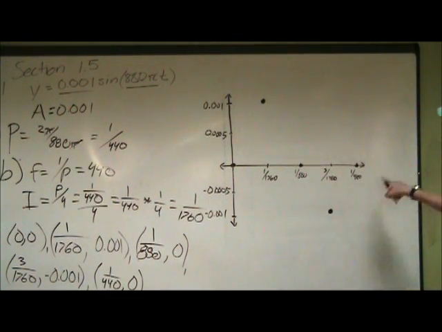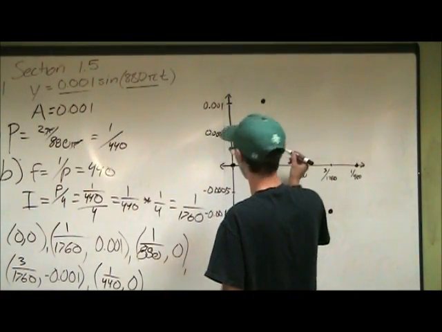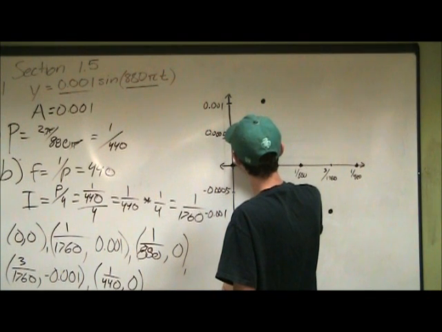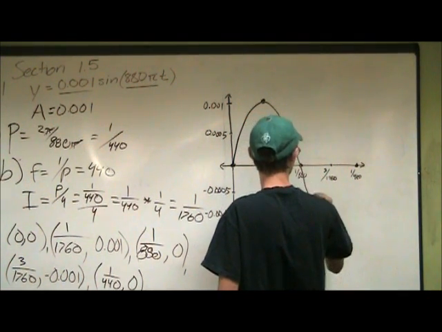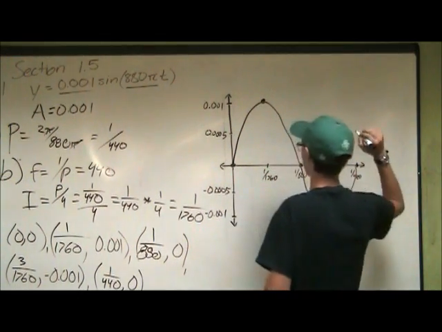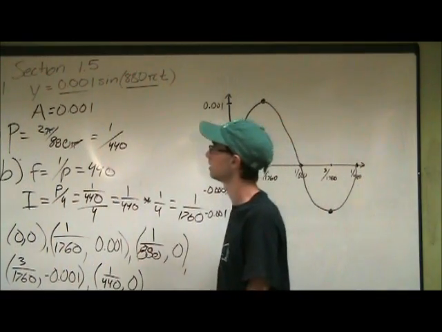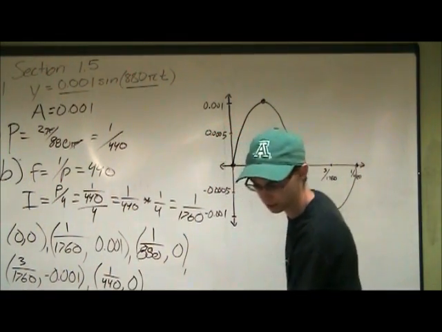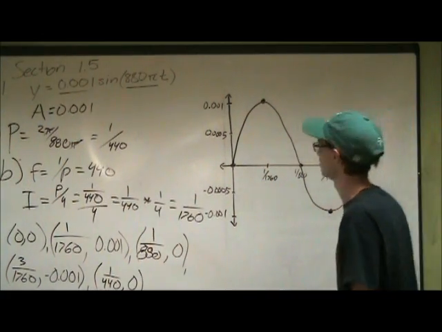So we have a beautiful sine curve, but it's very small. If you graph this on your calculator, you will only see a line. And it probably will be at the origin. Very microscopic. But it's the frequency of that A above middle C, something like that.